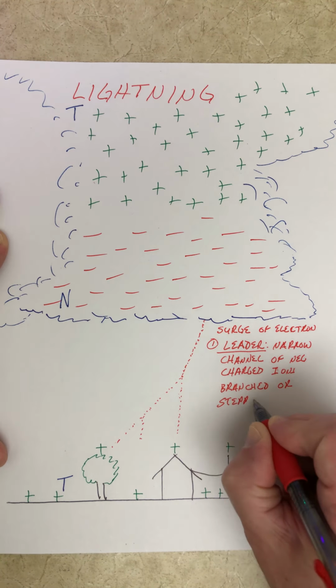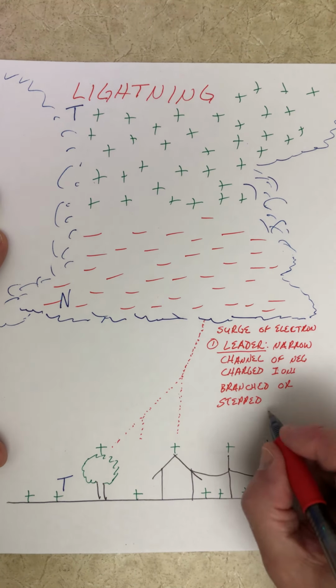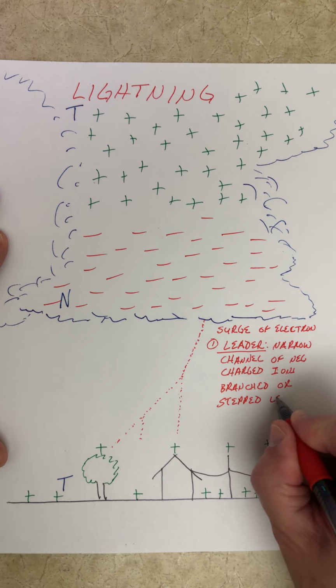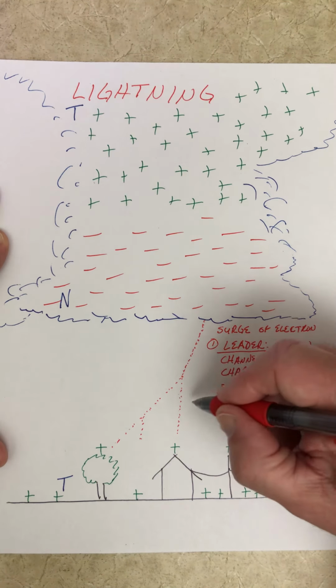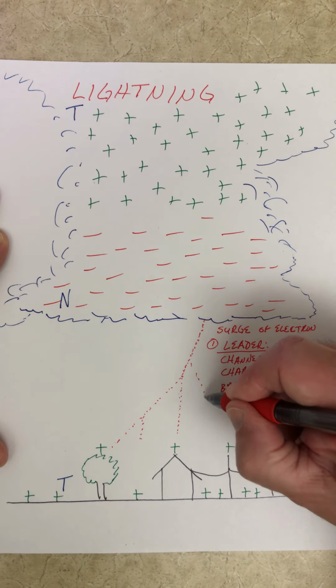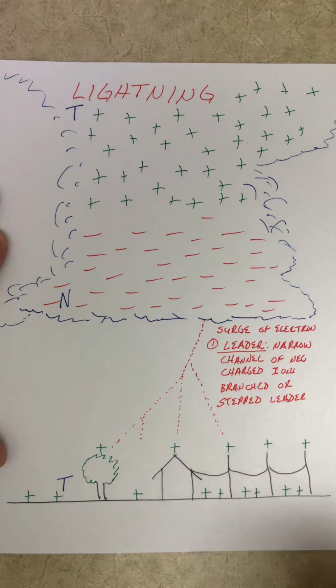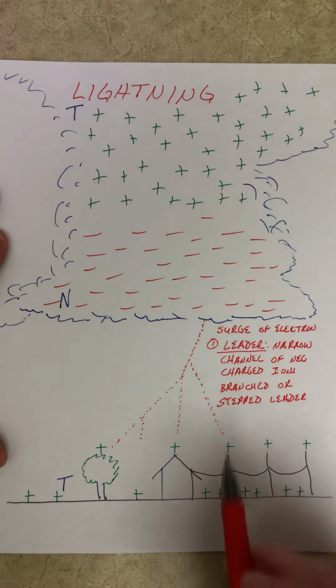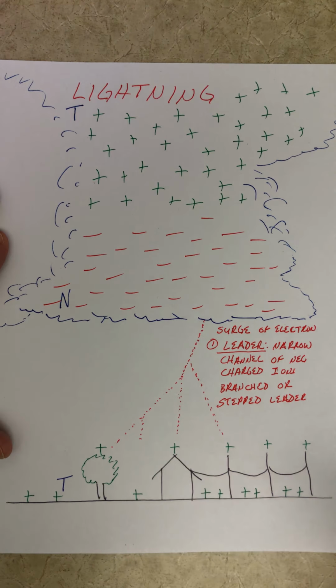And it's no different than a leader, it's just that it's branched off or creates a stepped effect. Okay, it's still negatively charged ions leaving out of the cloud. Again, this is not a lightning bolt yet. This is simply a surge of electrons coming down out of the cloud. It's the start of a lightning bolt, but it's not a lightning bolt yet.